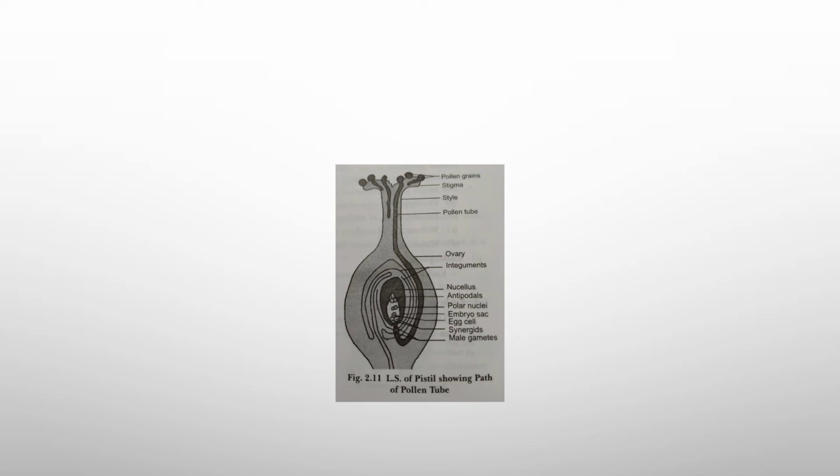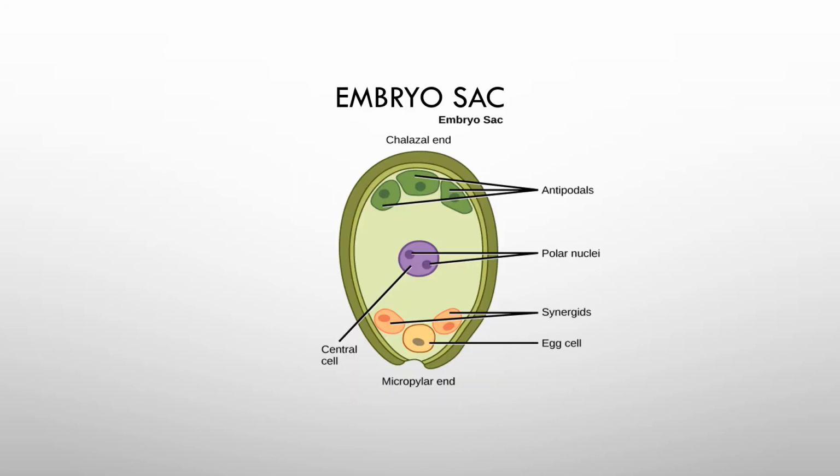Now we can see this in the diagram as well. This is the embryo sac, and this is the clear diagram. It has 8 cells. The 3 cells greenish in color are the antipodal cells. The 2 nuclei present in the center are the polar nuclei, and the 3 on this side are collectively called the egg apparatus.